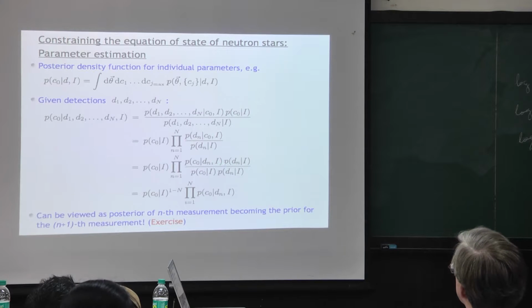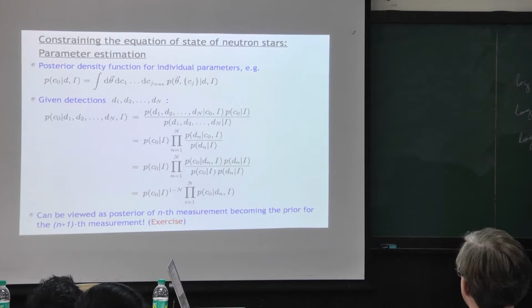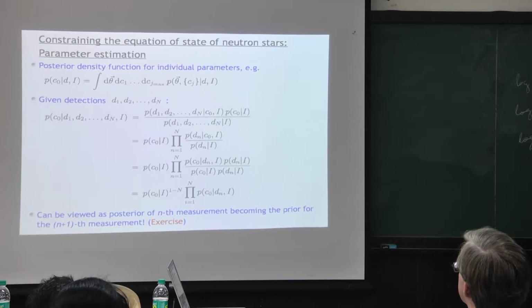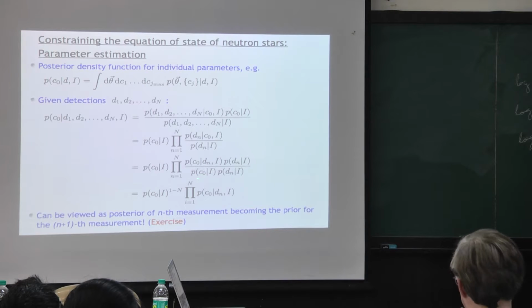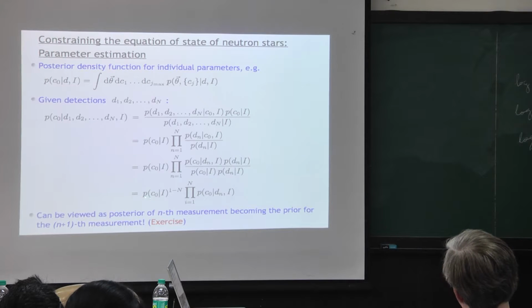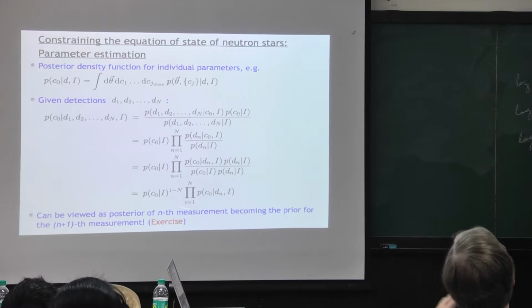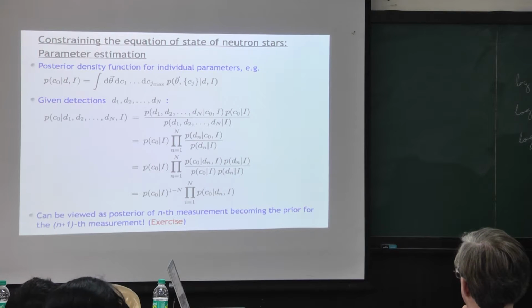And then you see this unwanted factor here, the probability of the data, drops out conveniently, and this is what we have. Now, in the denominator, because of our usage of Bayes' theorem, you now have the prior on C naught again, but you have it n times. So if I throw this outside, we have the prior on C naught to the power 1 minus n, and then simply a product of posterior density functions.